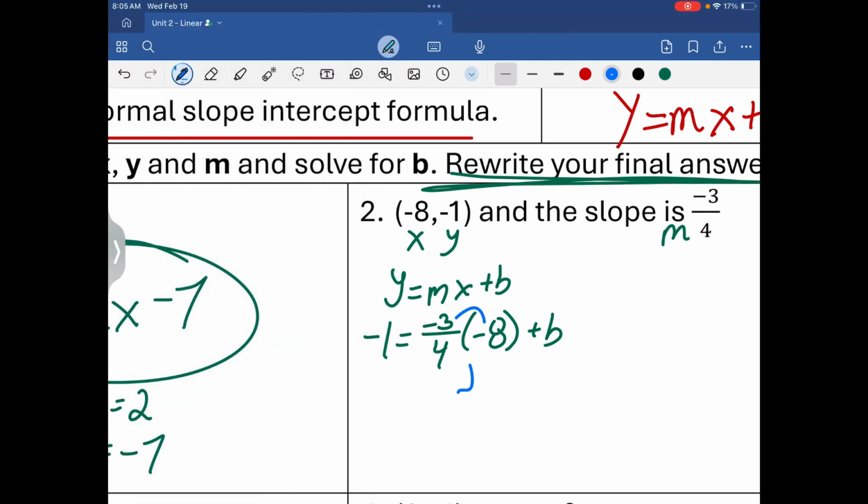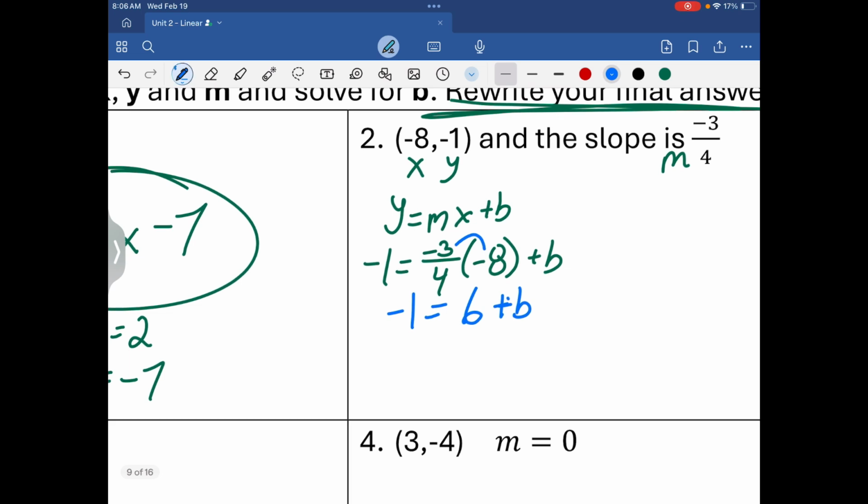So we have 6 plus b equals -1. Okay, from there, we do our split again, subtract 6, b equals -1 minus 6 is -7.